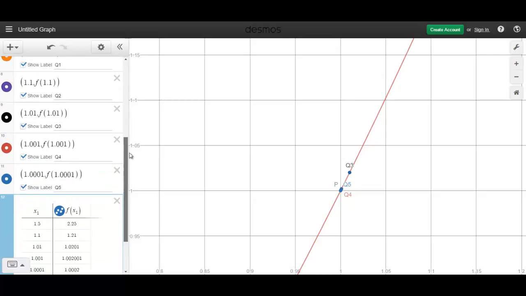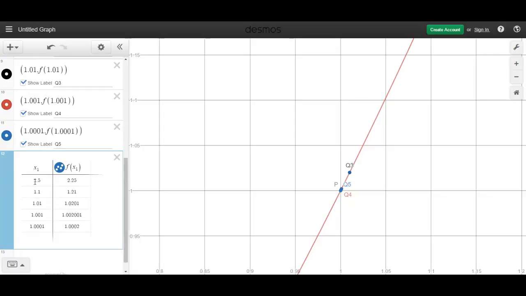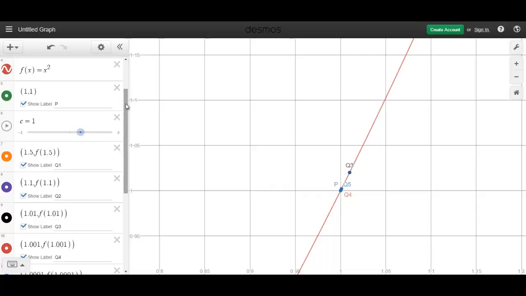So essentially what we want to do is just use the slope formula with 1.5, 2.25, 1, comma 1. Now I'm going to use my calculator to go ahead and find the answer. I know how to use algebra. You probably need to practice, most of you guys, so you go ahead and do it by hand.